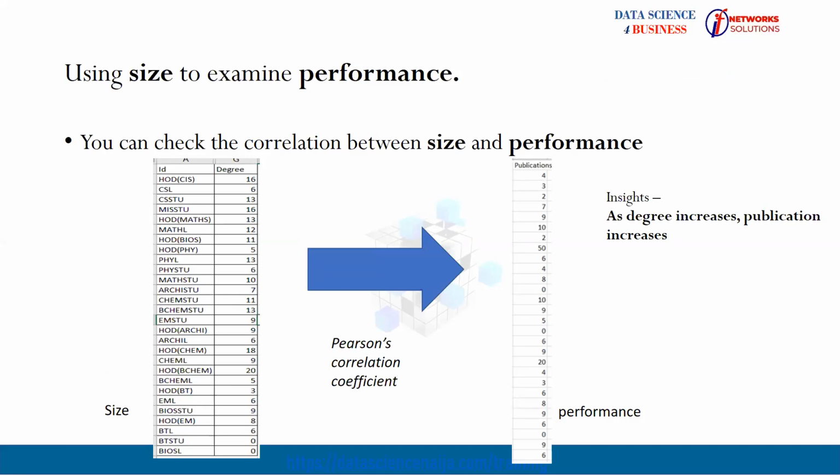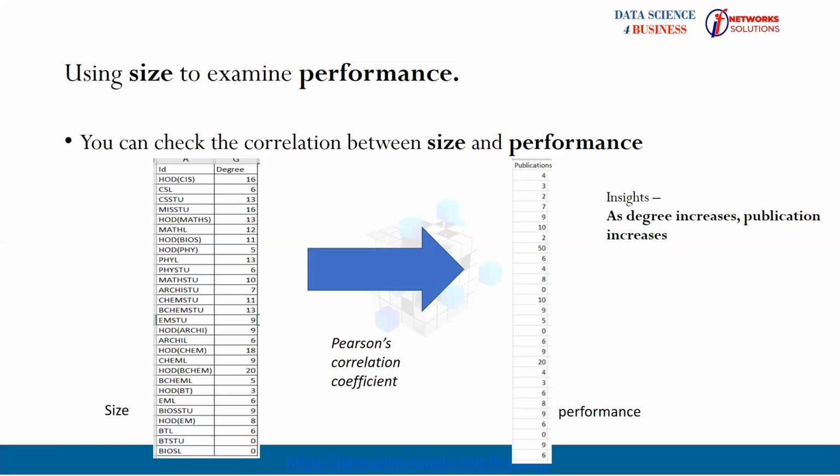In this particular organization, we can decide to do a correlation analysis between size, which is one of the tools for describing a network, and performance, which is a particular outcome. We want to find whether the two of them are correlated. A simple way to do that is to use Pearson's correlation coefficient.